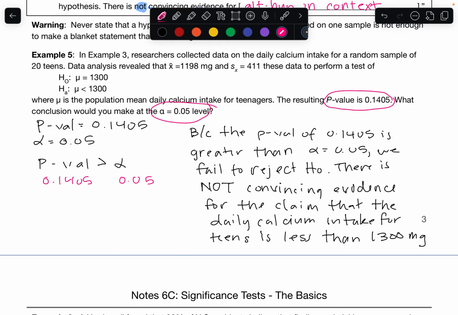And again, three moving pieces: p-value, alpha, the statement of the claim or alternative claim in words in context of the problem.